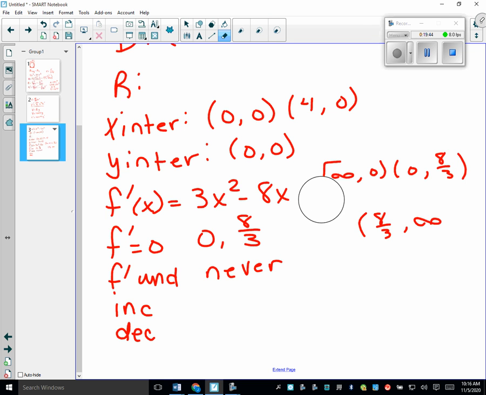Is that right? I would agree. Now what do I do? Now you plug in a number in each interval and see if it's positive or negative. So what number am I going to plug in here? Negative 1. I put it in the derivative.